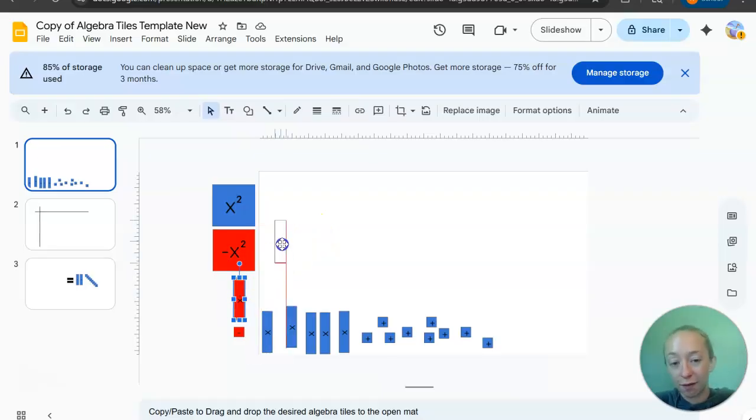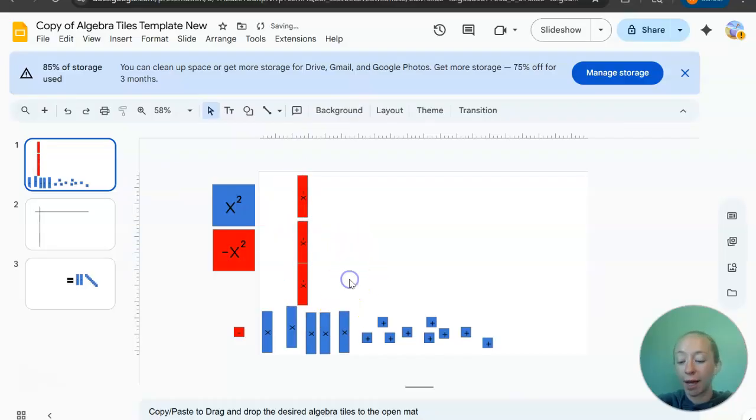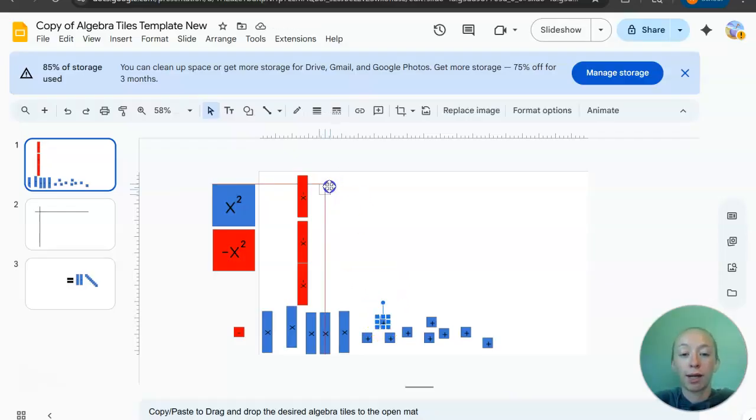And we have a negative x, so we're going to use negative x, and we have 3 of those. So 3 negative x plus 2. So we'll add 2 positives to each one.